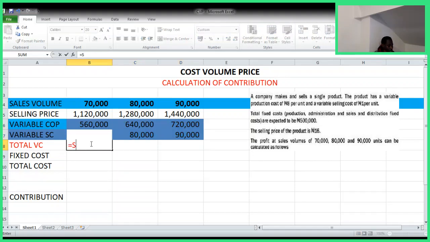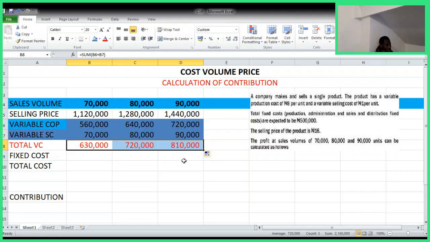So we said the sum of this plus this. So we have this, and we can do the same for 80,000 units and 90,000 units.